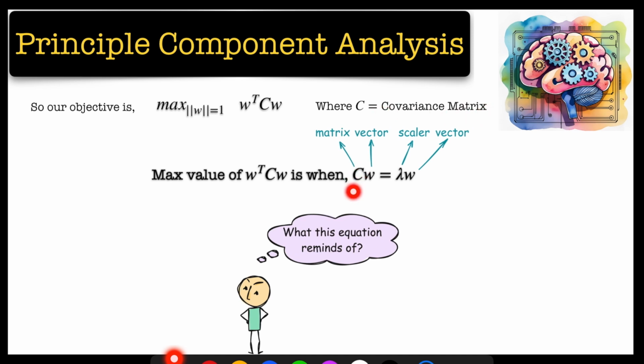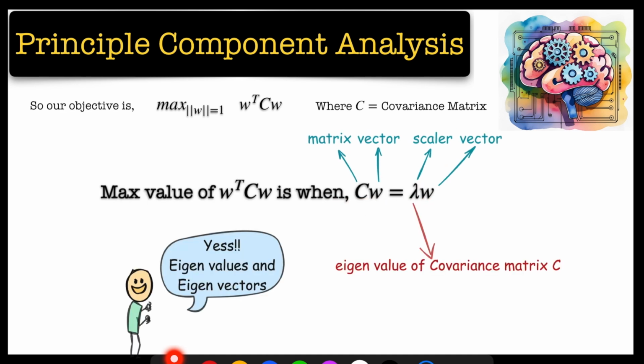So C is a matrix, W is a vector, lambda is a scalar. What does this equation remind you of? Yes, this is the eigenvalue and eigenvector equation. So here lambda is an eigenvalue of covariance matrix C.